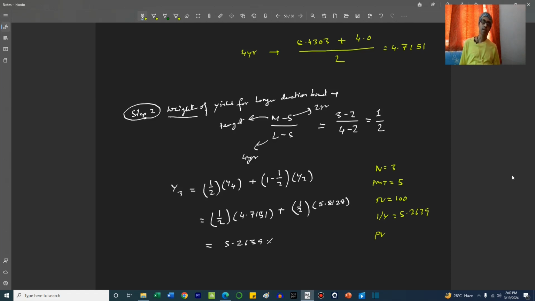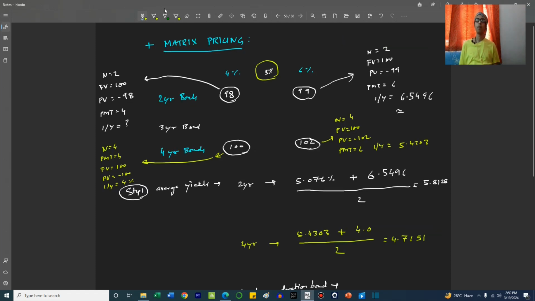We need to find the present value. Can't we do that? Yes, easily. This comes to be 99.2846. So we put the value in the matrix. The value is 99.2846. This is our desired answer.